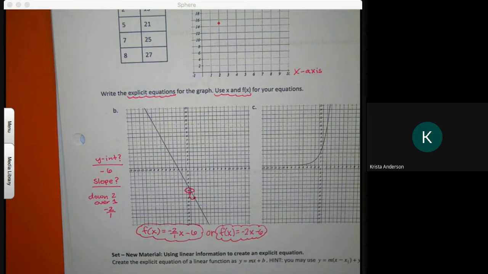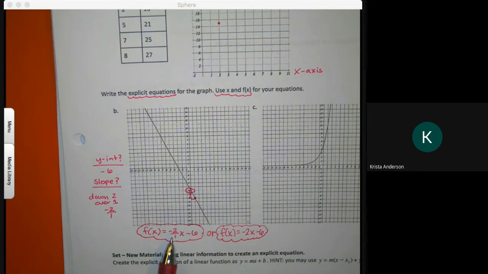I don't have to put the 1 in the denominator of the slope. -2 divided by 1 is just -2 simplified. This is correct. It just wants it simplified if you can.